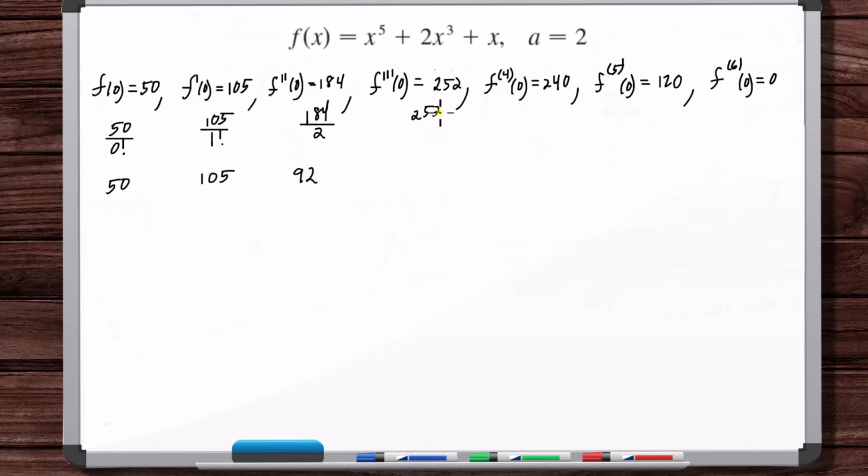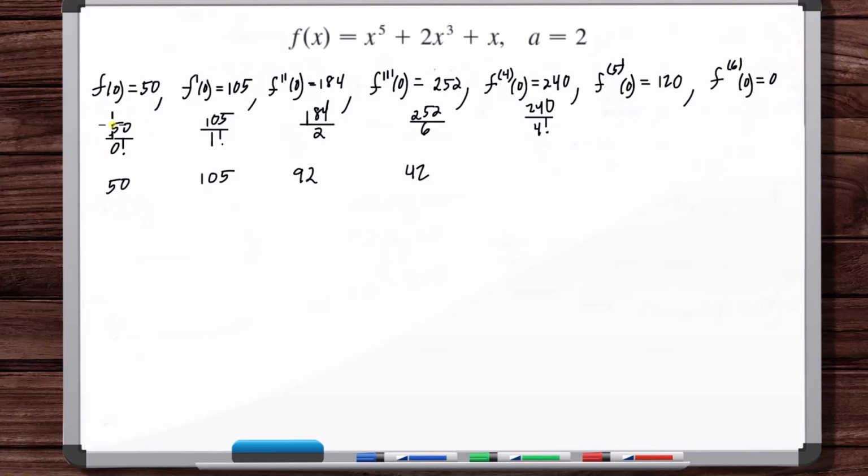Okay, 252 divided by 3 factorial is 42. So 240 divided by 4 factorial.